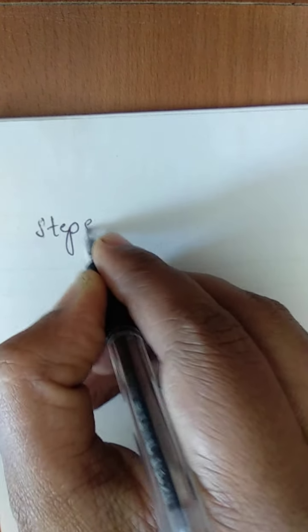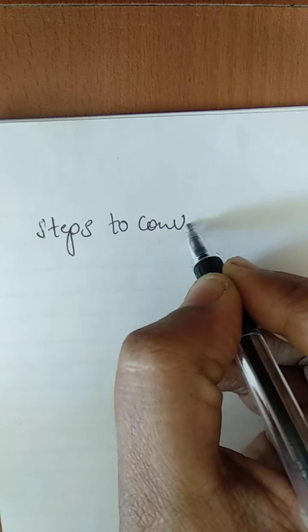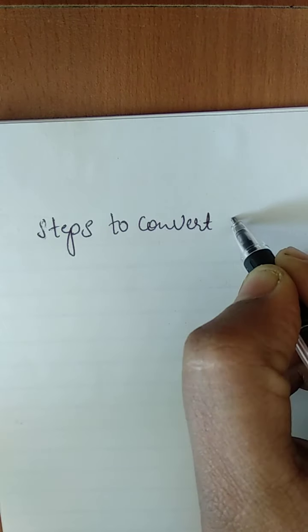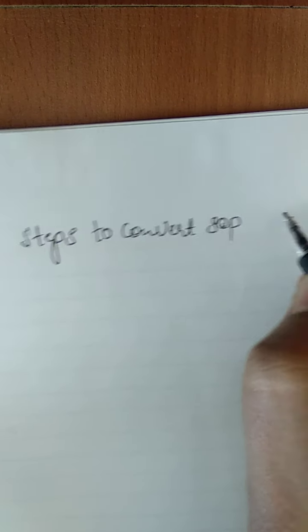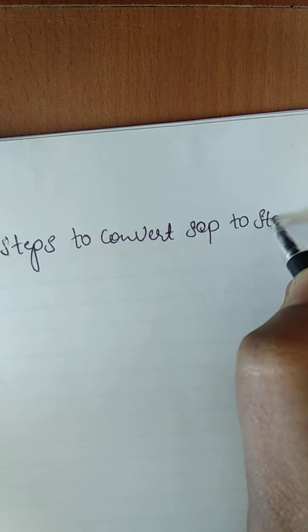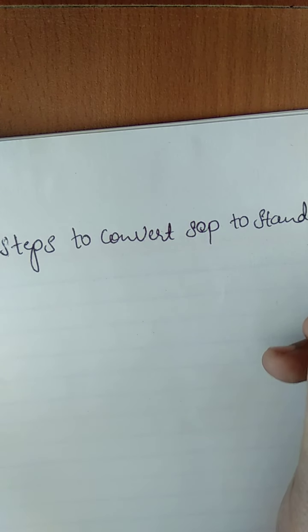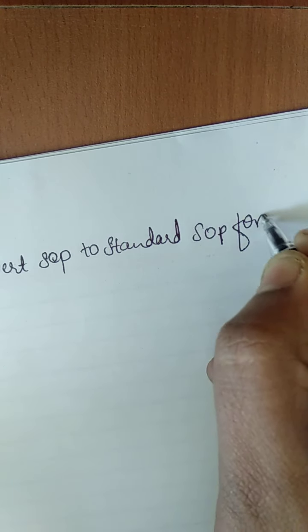So these are the steps to convert SOP, that is sum of product, to standard sum of product form.